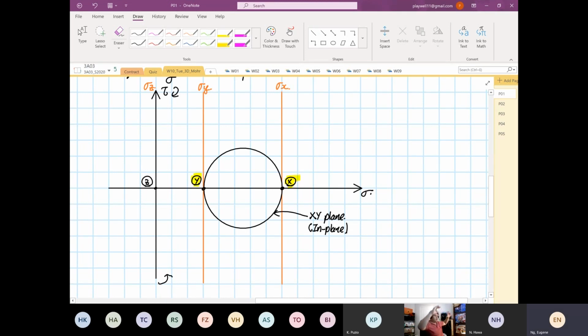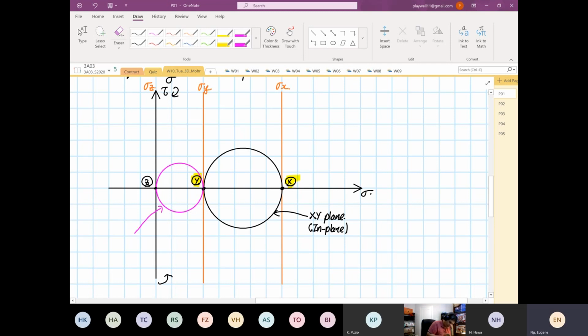Okay. And then the next one is this circle over here. So this circle over here, I'm going to use a different color. This circle over here now. So this is our YZ plane.